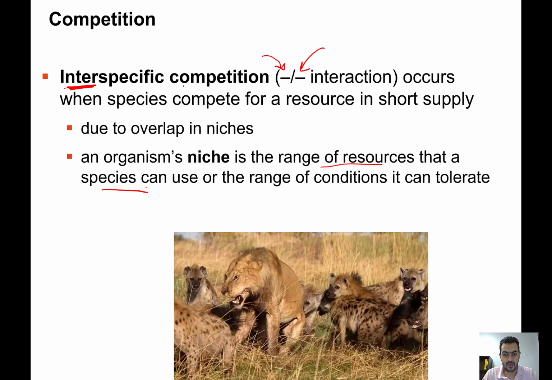So as you can see here in this picture, we have lions and hyena, and they are both fighting because actually they are seeking the same prey. So here we have a situation of overlapping of the niches. So this competition will increase if the number of prey that both of them target is limited, so the competition will become much stronger.